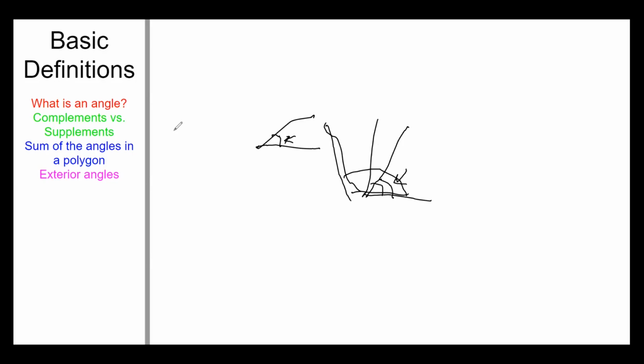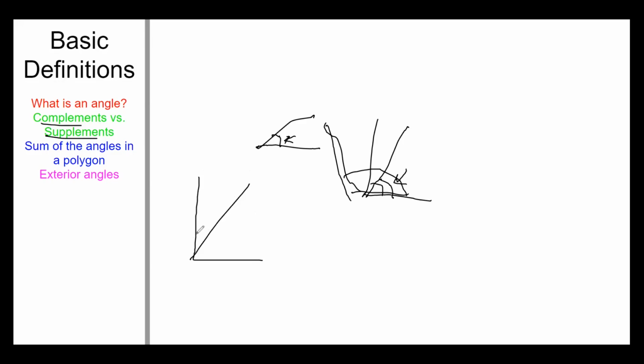And so this in itself isn't very interesting. I wouldn't say complicated, but the more interesting parts of angles are complements and supplements. A complement is essentially two angles that add up to 90 degrees.